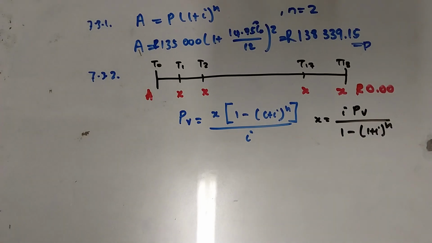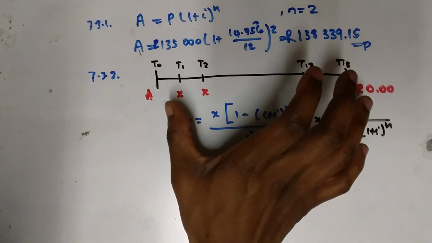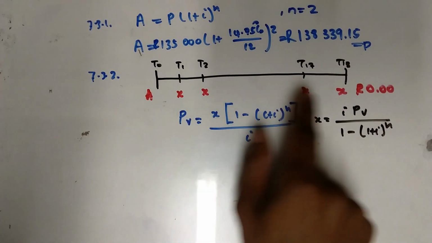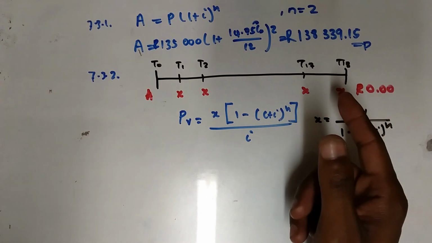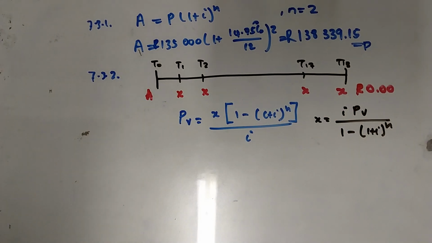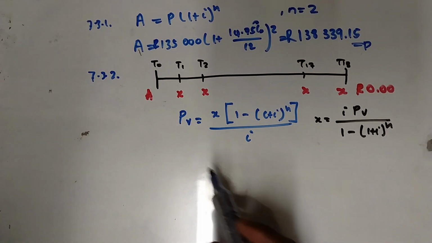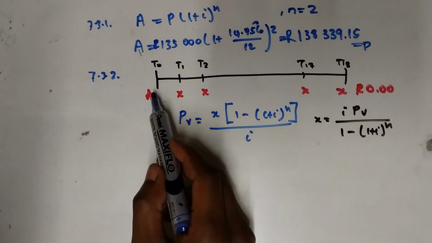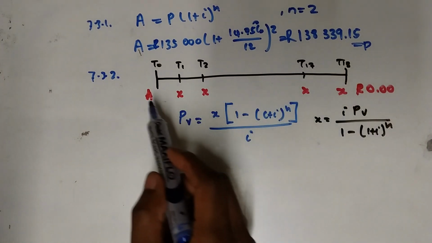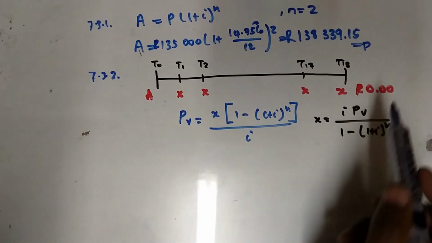Now how many months do we have from T1 to T18? We have exactly 18 months, so we do not need to add or subtract anything. We know that in the third month the amount that she owes is this one, and then she needs to start paying these amounts of money.